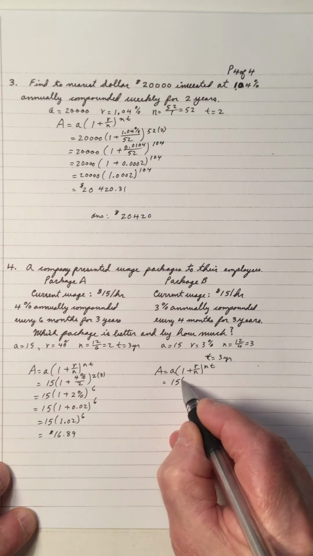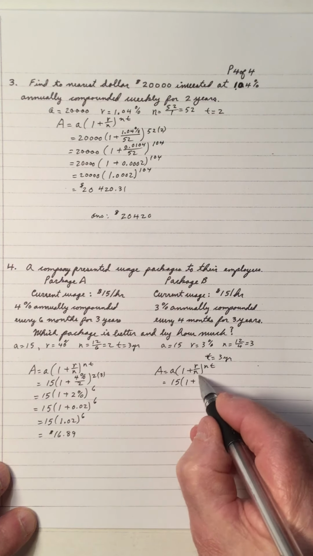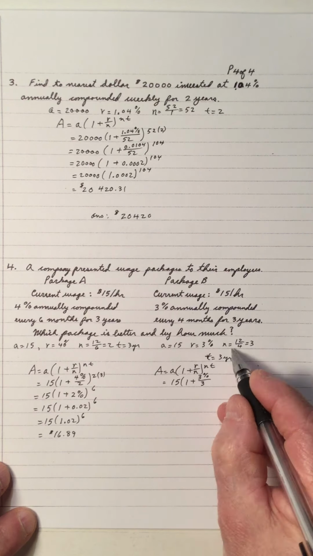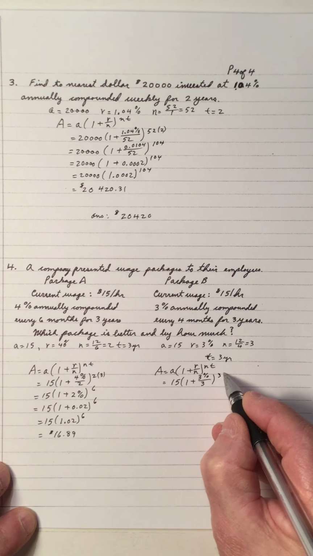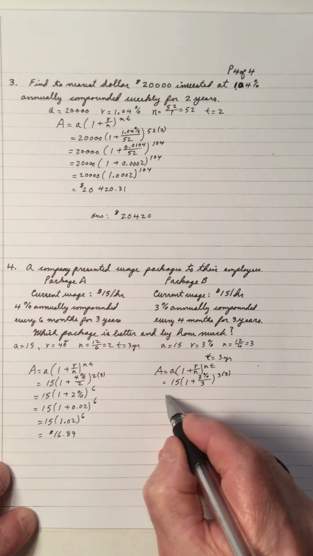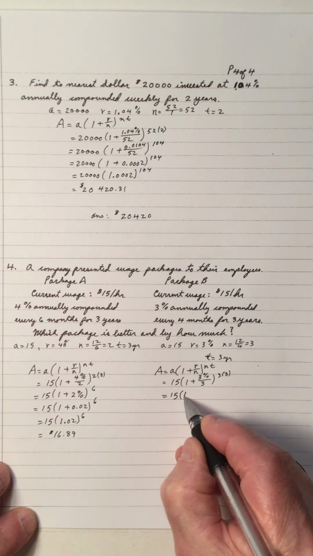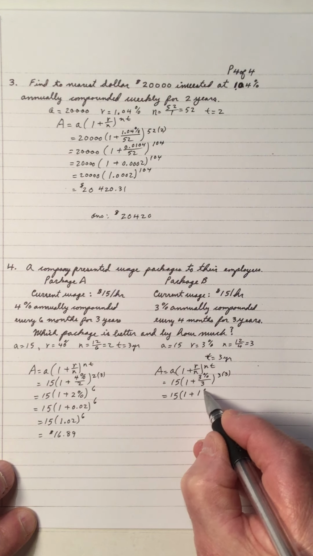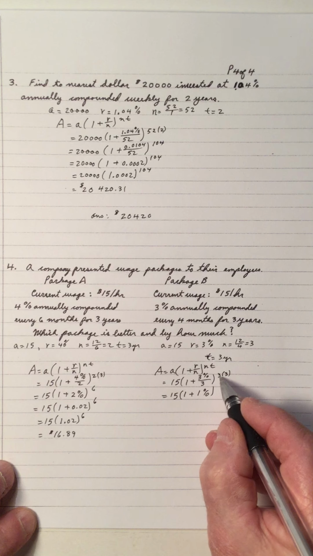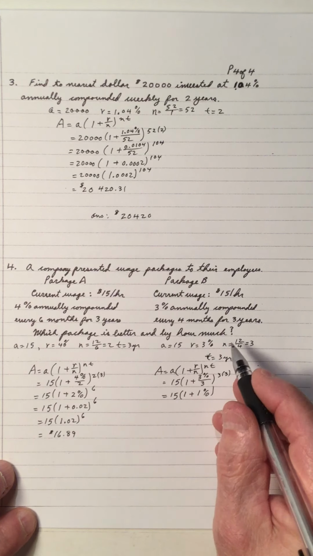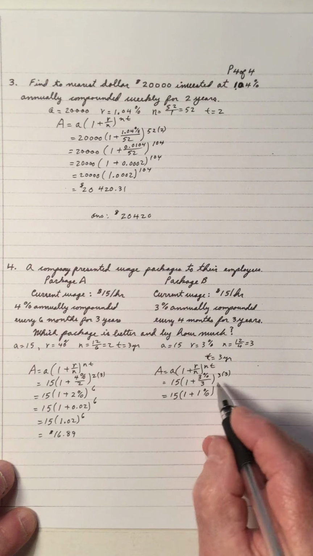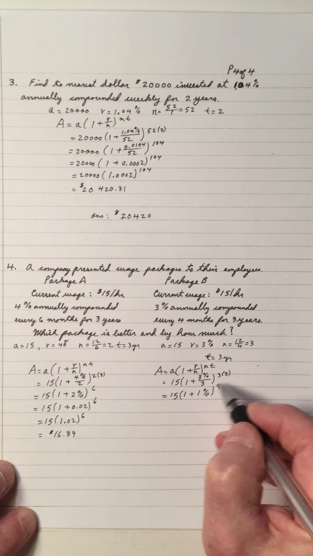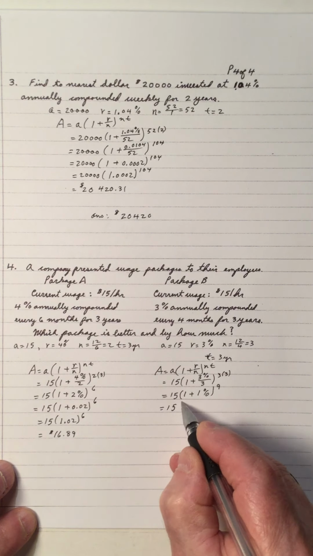So we have $15, 1, and the rate was 3%, the number of times is 3, and it's 3 times 3. You get 3% divided by 3, so it's 1%, and it happens every 4 months, so that's 3 times a year, so that's 9 times, because it's 3 times 3. Just trying to explain that it happens every 4 months, 3 times a year, times 3 is 9.